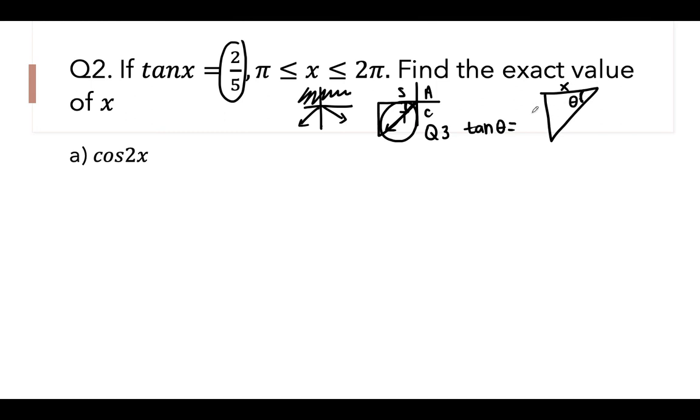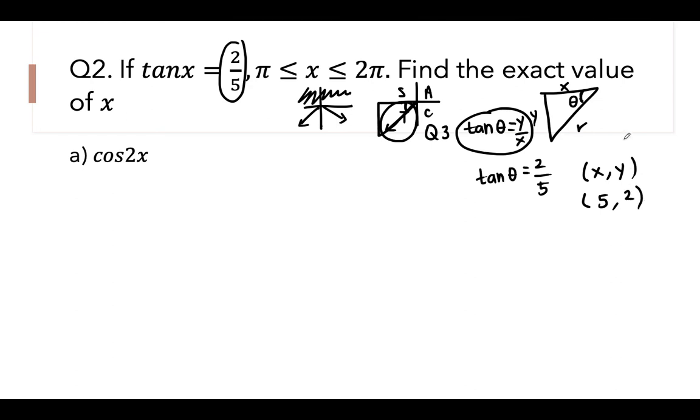So this is x, this is y, and this is the radius of a circle. So tangent is y over x. Using this formula, tangent theta is 2 over 5, so the point is going to be x, y. X is going to be 5, and y is going to be 2. But keep in mind, it's in the negative direction.